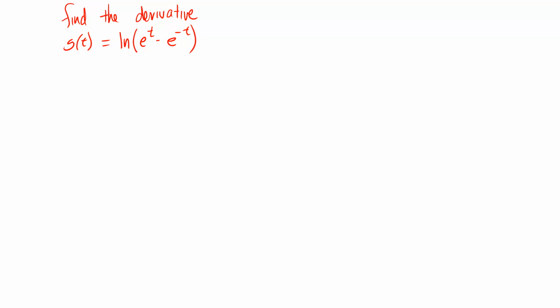All right, last example, we're going to find the first derivative of s with respect to t. We're given natural log of e to the power t minus e to the power negative t. You might think you can break apart this natural log, and you might be able to, but probably not in the way you think.